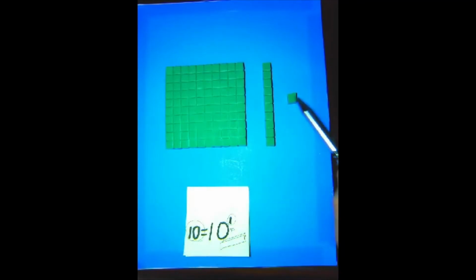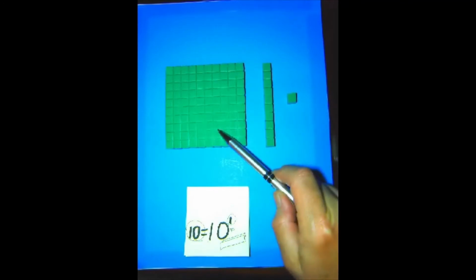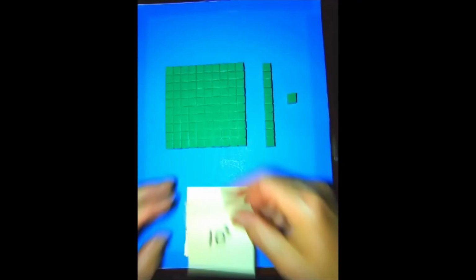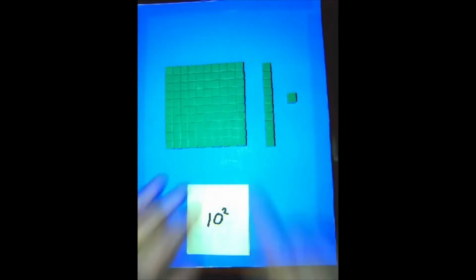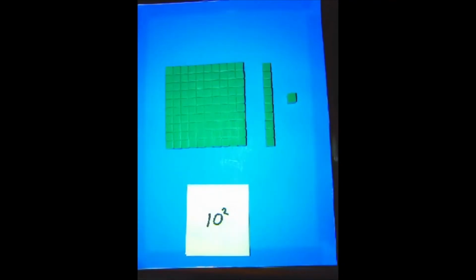So let's see what happens when we do it again. We create our 100. How many times have we sung the song? Well, let's take a look. We've sung the song once. We have sung the song twice. So it looks like this, 10 to the 2nd power. Some of you might recognize this as being 10 squared.